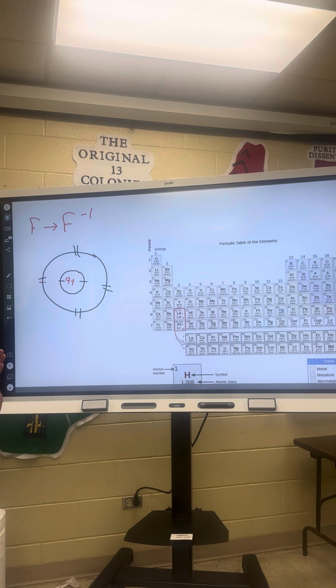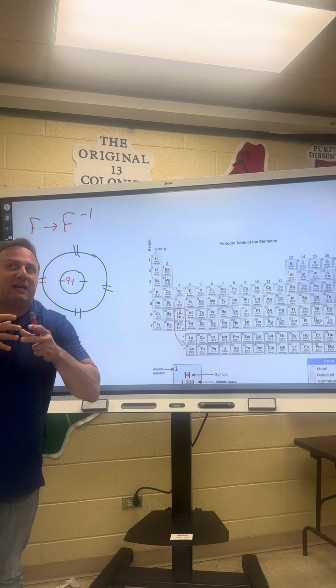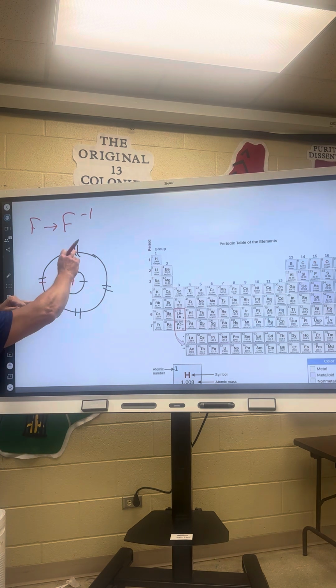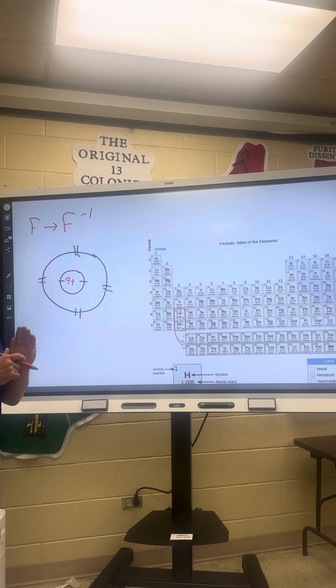And the reason why is, same number of shells, second energy level, but now we're adding an extra negative bit in here. And so what do those negatives do? They cause a slight bit more repulsion. And so what's going to happen is these are all pushing away from each other, and when you add the extra guy in there, it pushes it out a little bit more, so it gets a little bit bigger.